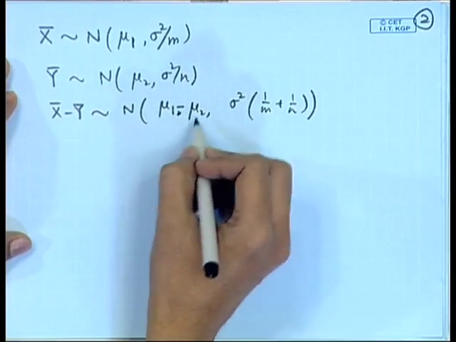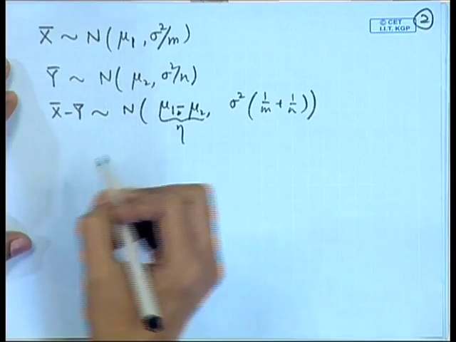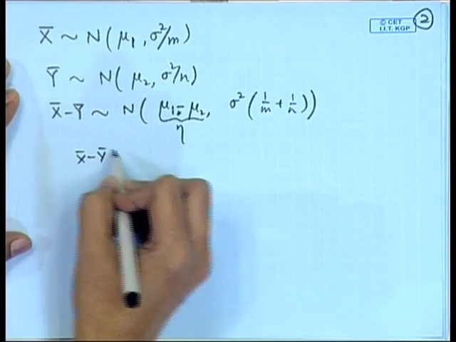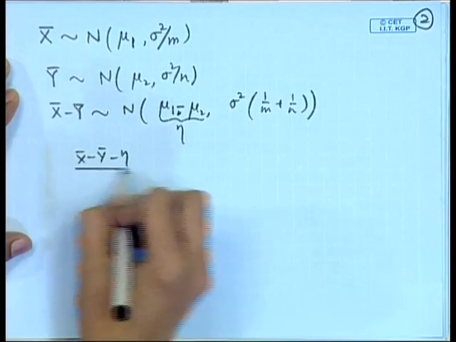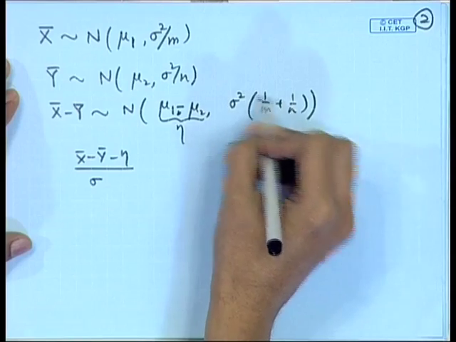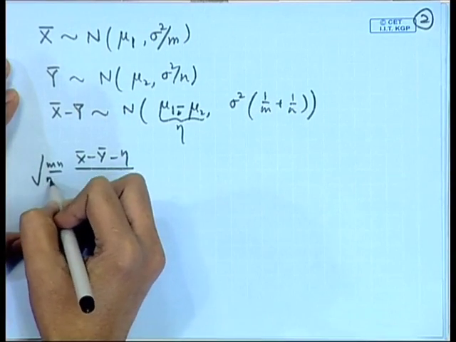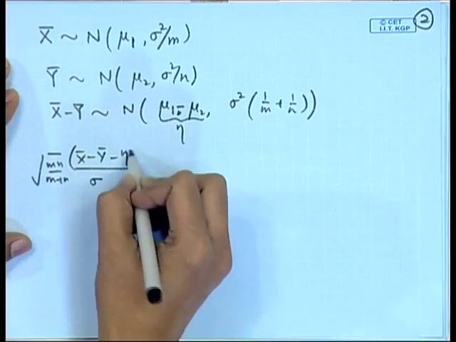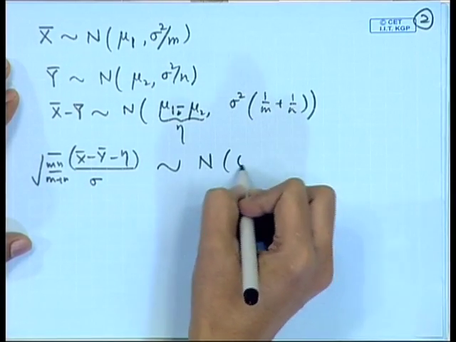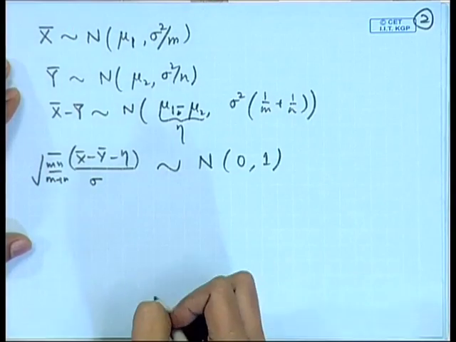So, this is the quantity eta. So, we get x bar minus y bar minus eta divided by sigma and root of this, that is root of m n by m plus n, that will follow a standard normal distribution.